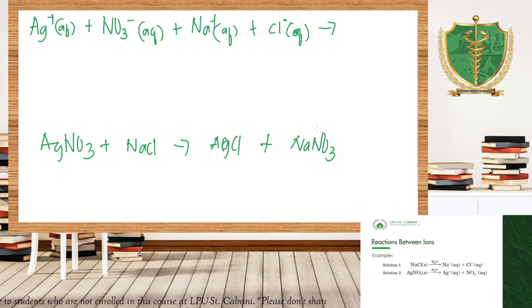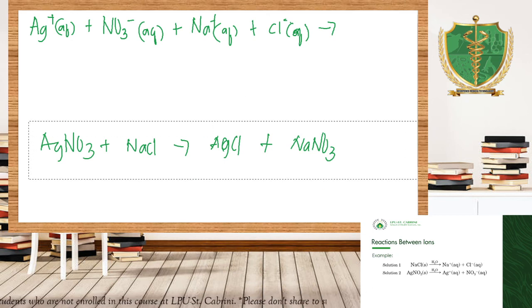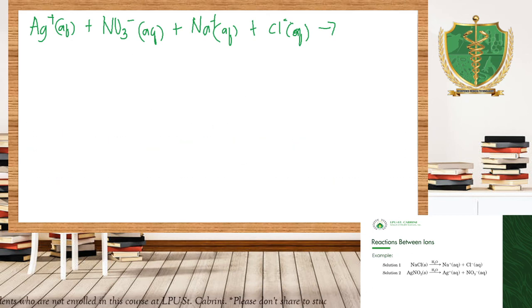right? So, going back to this one, we said we have silver ions and nitrate ions in silver nitrate solution, and sodium ions and chloride ions in sodium chloride solution. Take note, what did we say about double displacement?